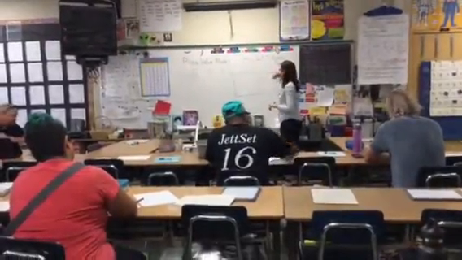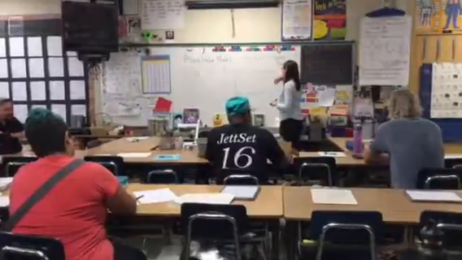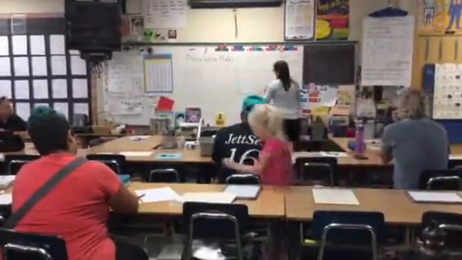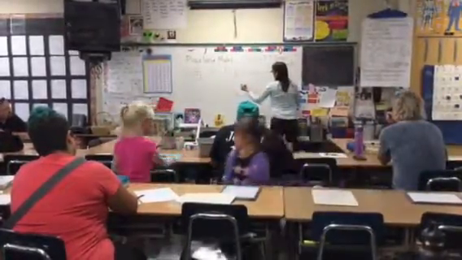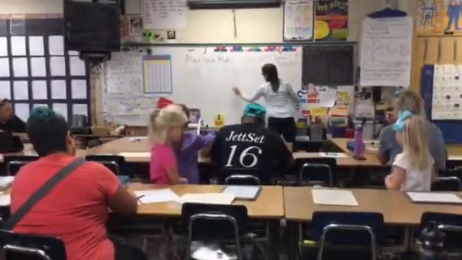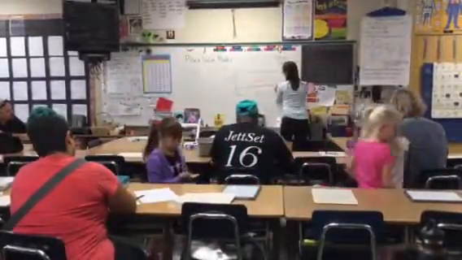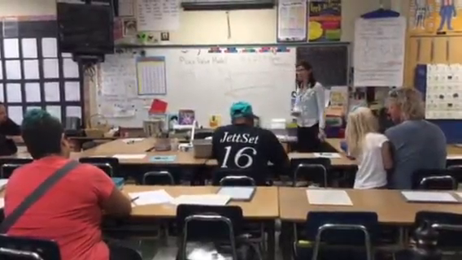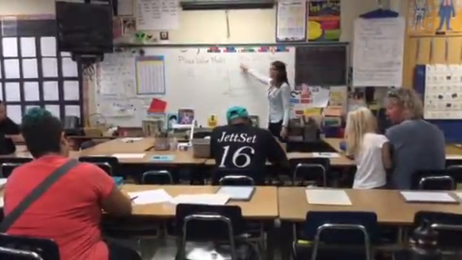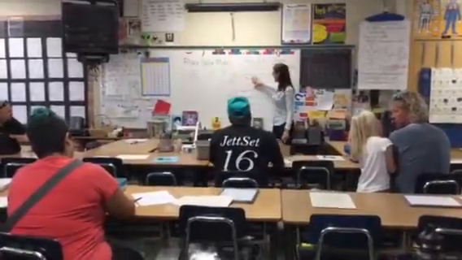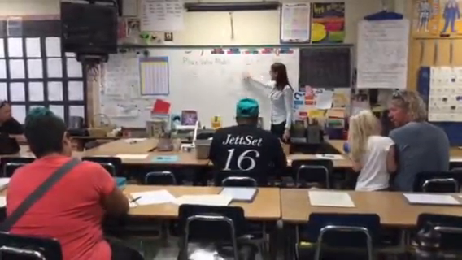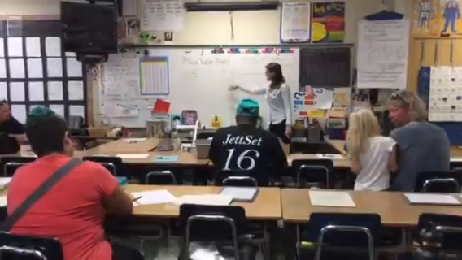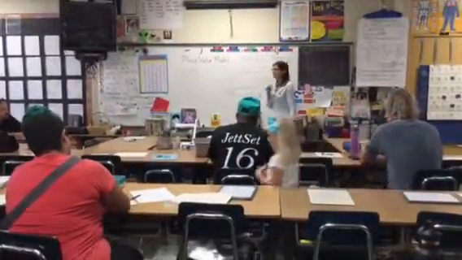So 15 times 237. This one is 10 plus the 5. Can you see how I decompose the number? 10 is represented by this section, and the 5 is here. If you added 10 plus 5, you get the 15.